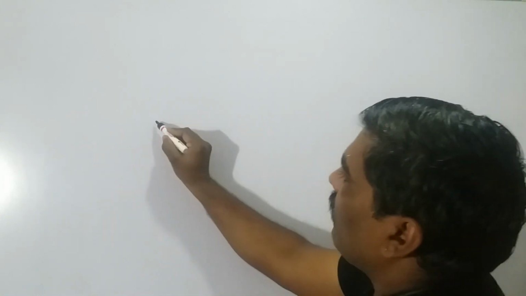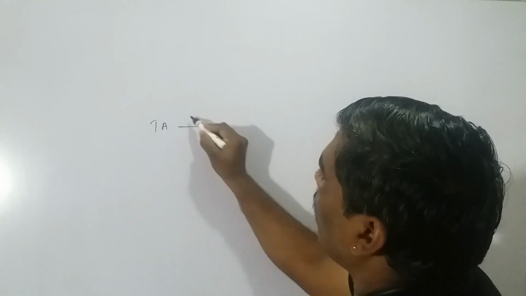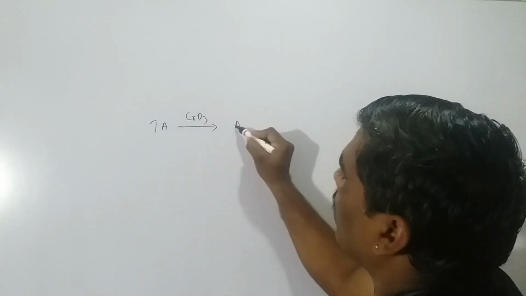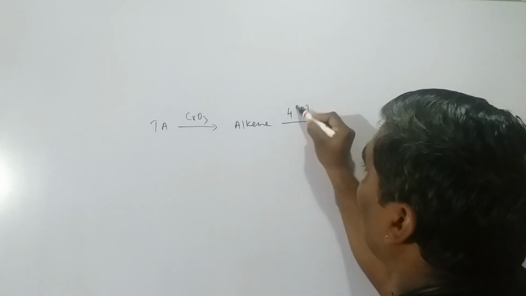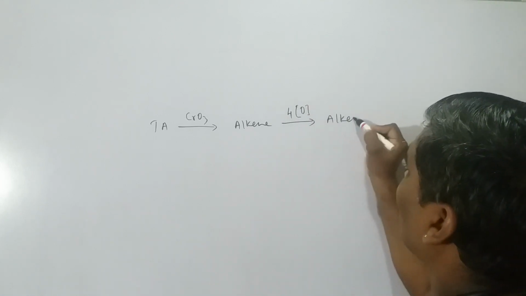When tertiary alcohol is reacted with CrO3, first it gives alkene and further, on vigorous oxidation, it gives acid.